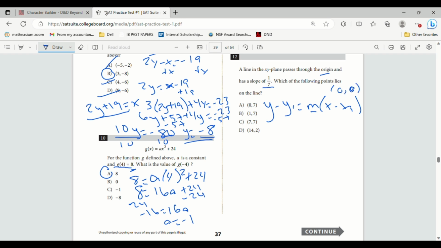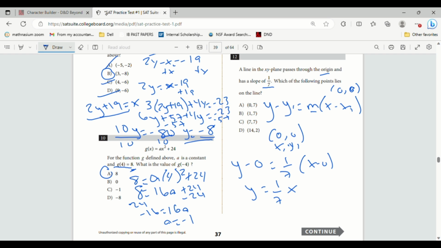So with that, we have our point 0, 0, which we can label as x1, y1, and then plug into our formula. So y minus 0, or just y, equals the slope times x minus 0, or y equals 1/7 x.